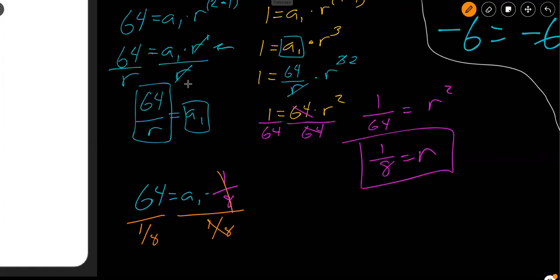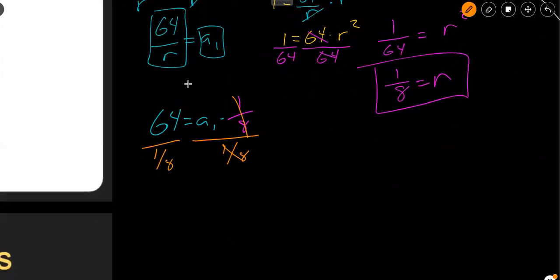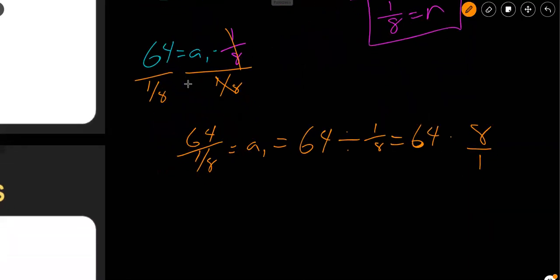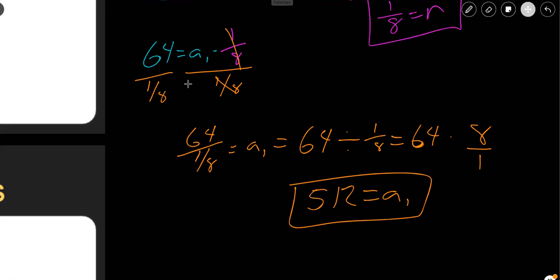These 1/8 cancel, and now I'm left with 64 divided by 1/8 equals a1, which is the same as saying 64 times 8 over 1. 64 times 8 is 512. So 512 is equal to a1.